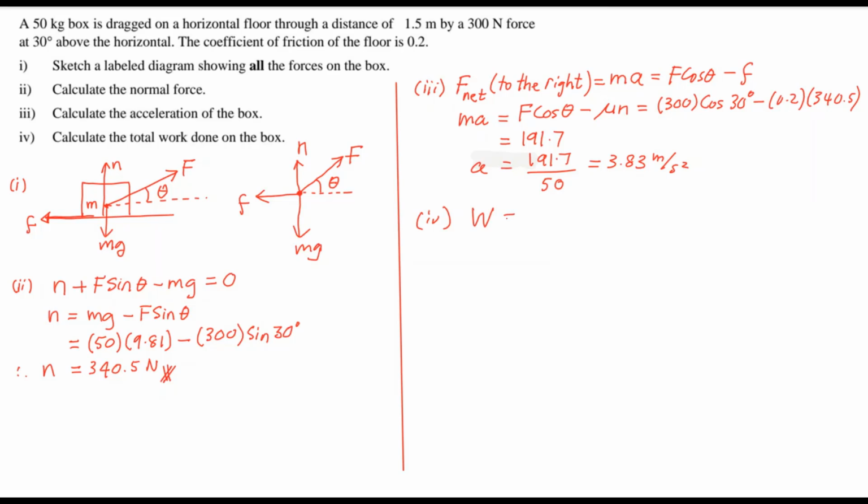Work done, W, equals F net multiplied by displacement, which is equal to 191.7 multiplied by the displacement, which is 1.5 meters. So therefore, work done is equal to 287.6 joules.